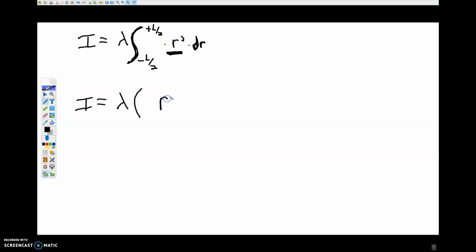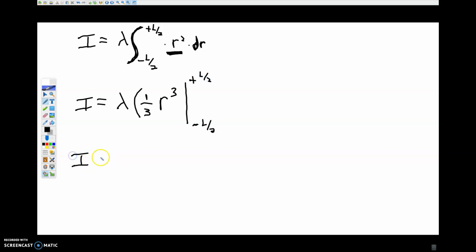I have to raise the power by 1, so that becomes r cubed. But then I have to multiply by 1/3. And you could check that, because if you took the derivative of that, you would get r squared. And this goes from the boundary condition negative L over 2 to positive L over 2.